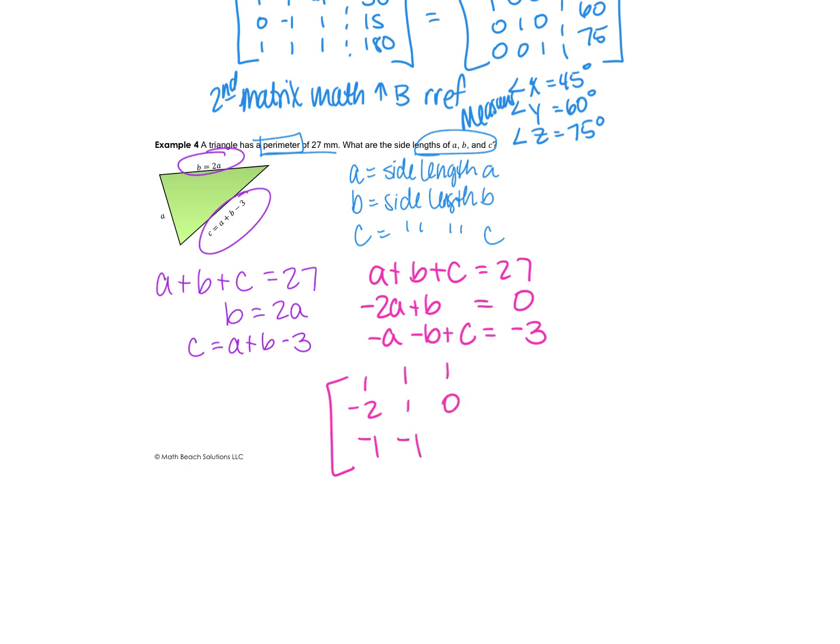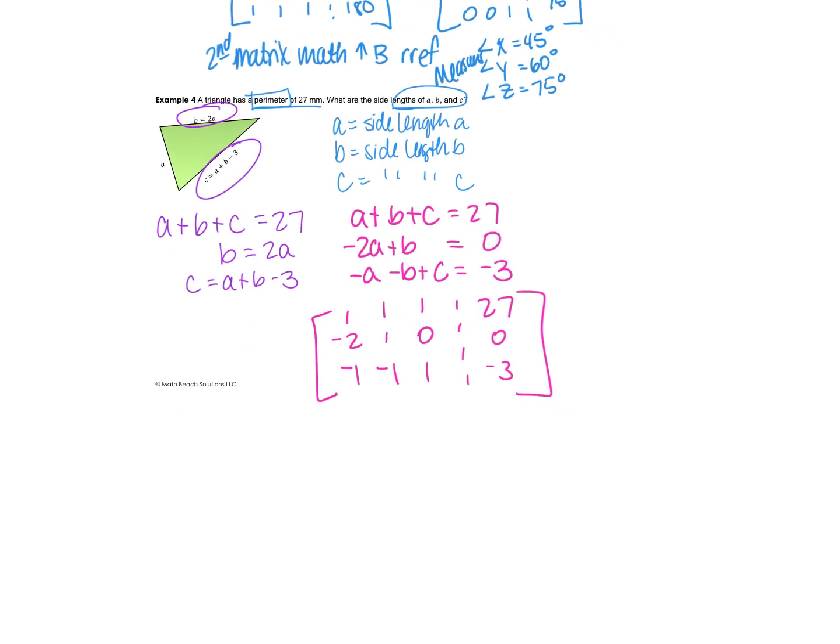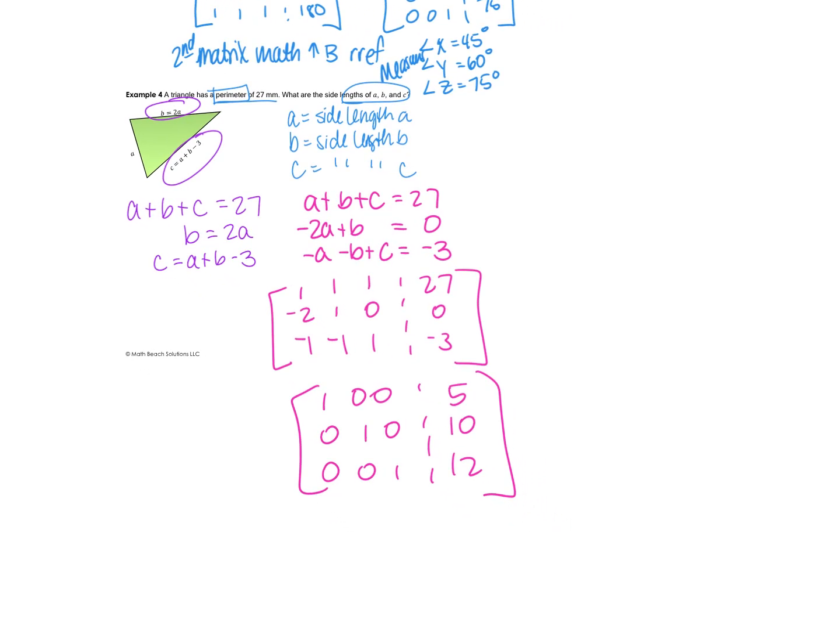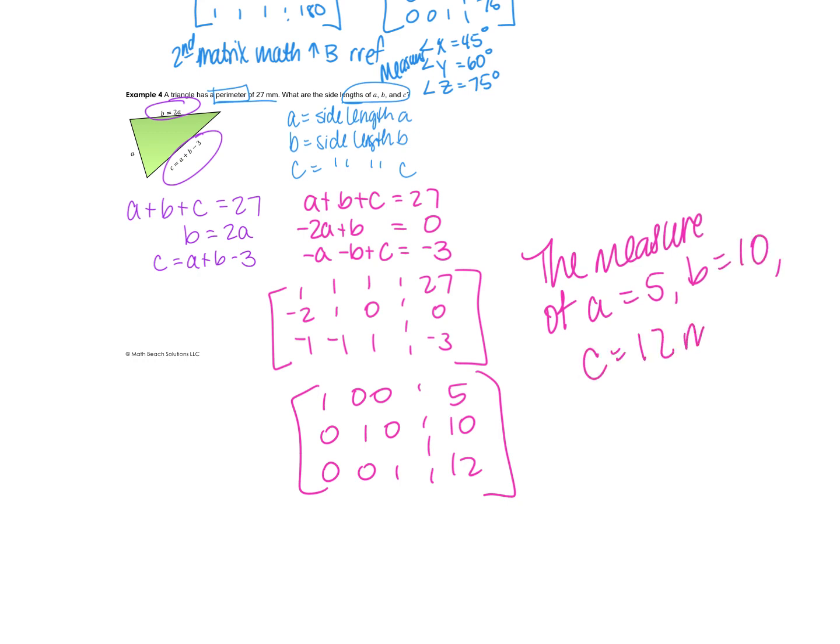No C on the second equation. When you plug it in, you should end up getting A is 5, B is 10, and C is 12. So the measure of A equals 5, B equals 10, and C equals 12.